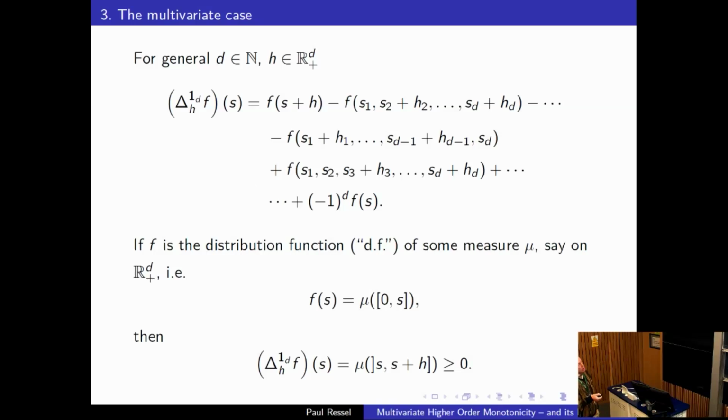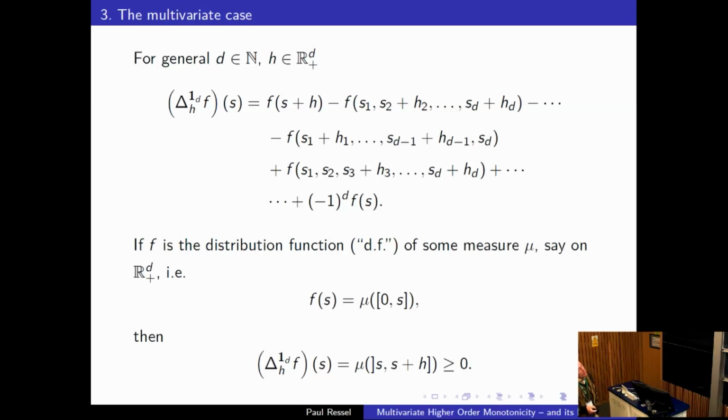And for general d, we have a corresponding formula. You take f of s plus h, and then first you take one h away at only one place, and the other h, so you have only s_2 and so on up to s_d. The last one in this group is this. Then you remove the h at two places, and so on and so on. At the very end, you get minus one to the power d, plus or minus, f of s.